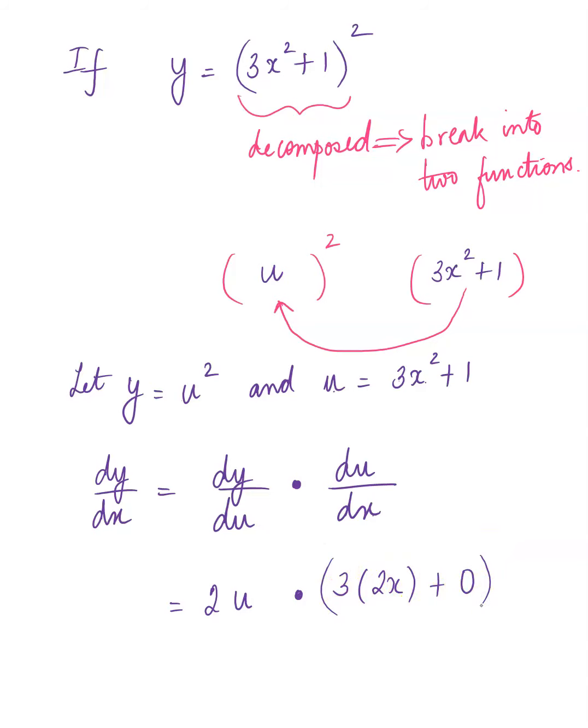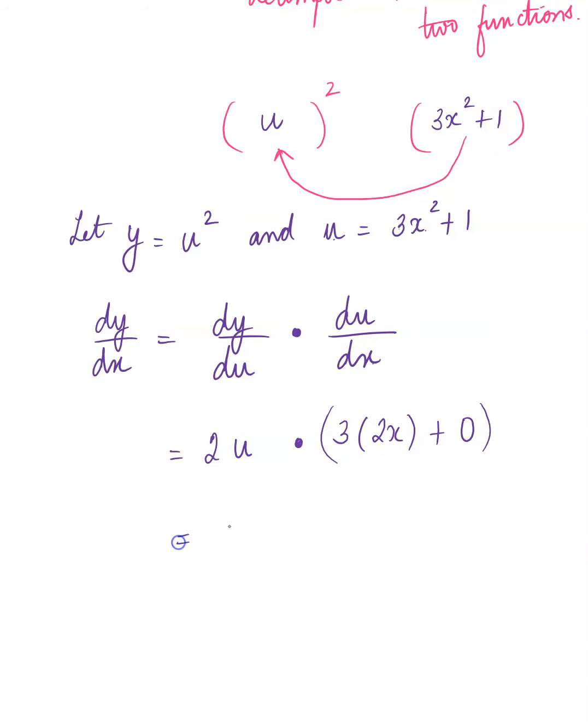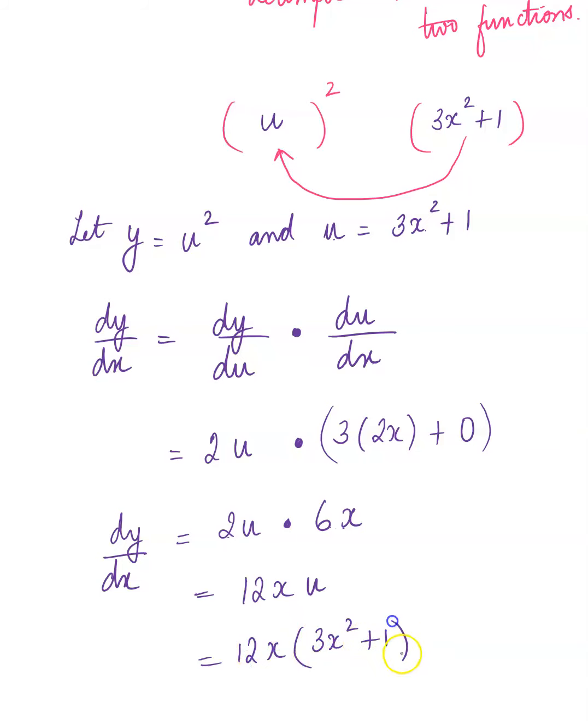This whole thing, because derivative of 1 is 0. So technically you have 2u times 3 times 2, 6x. You can't have the u and the x because you want the dy over dx ultimately. So replace your u with what it represents. So I have, let me just collect these all. So this will be 12xu, and in the place of u I plug in 3x squared plus 1.